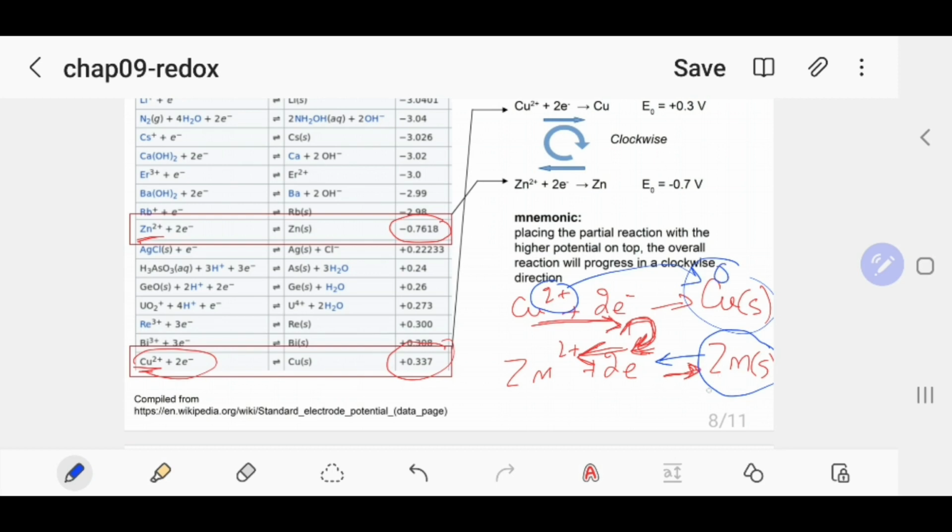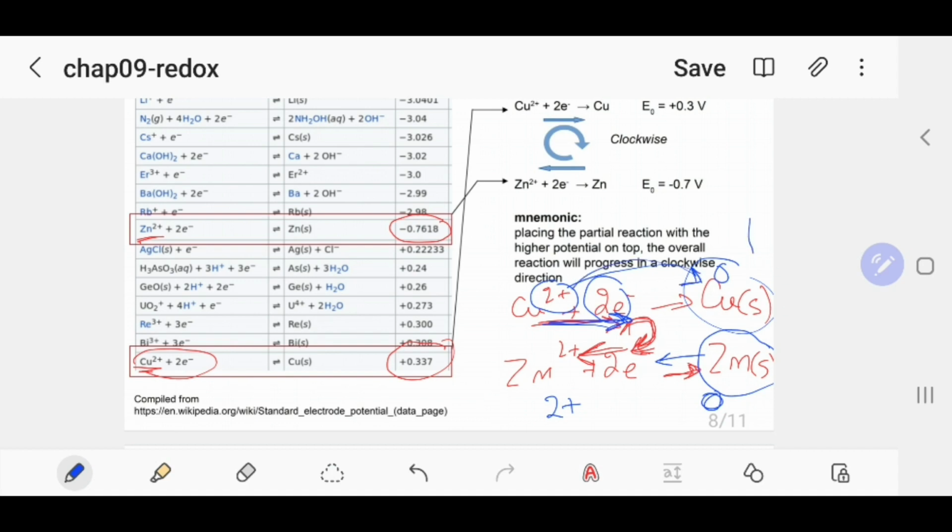The zinc is oxidized from 0 to 2 plus. So the starting point is the zinc. And we said that this is the flow, which means the copper ion is the one that's capturing the electrons and depositing on the copper metal.